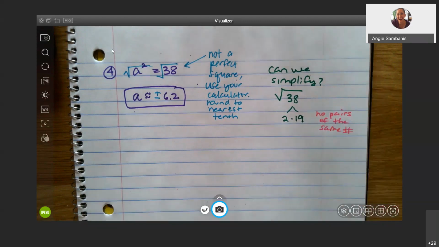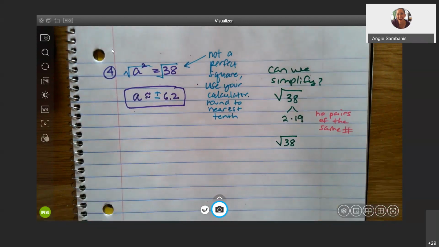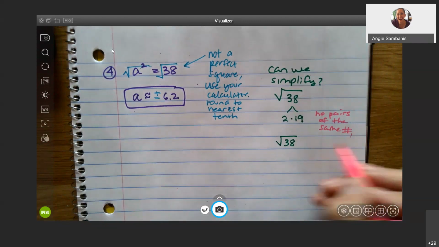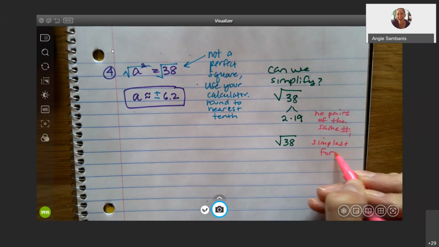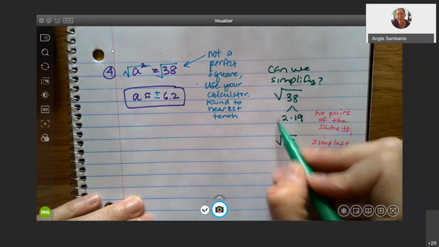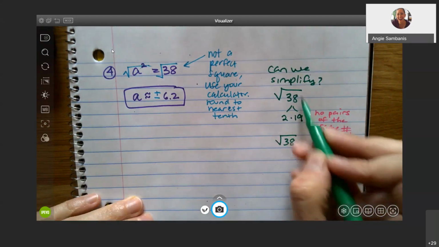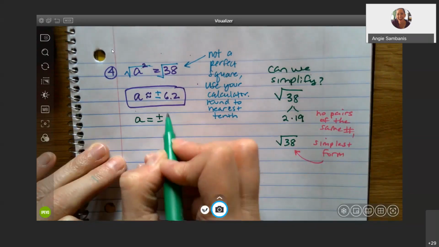So that means 38 is in simplest form. Because we don't have any pairs of numbers, there's no perfect square factors. So our simplest form is just the square root of 38.